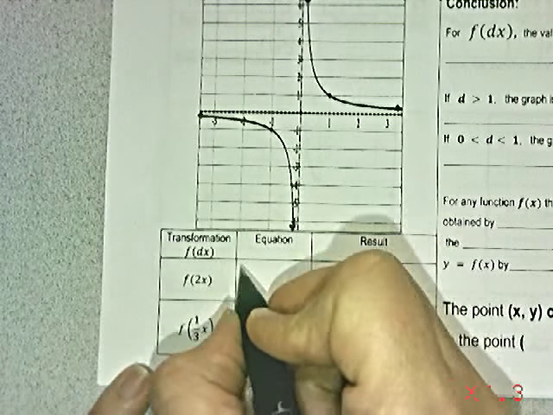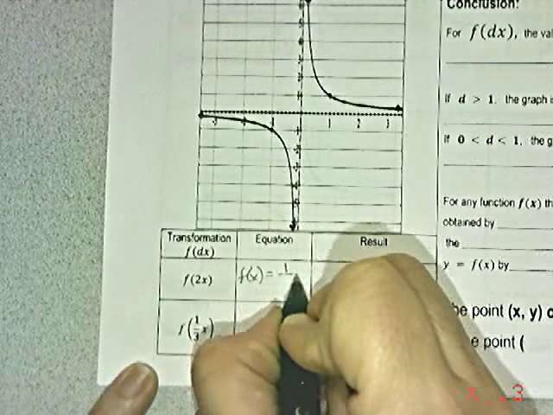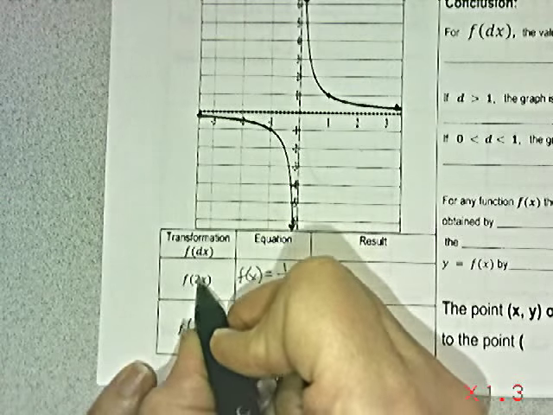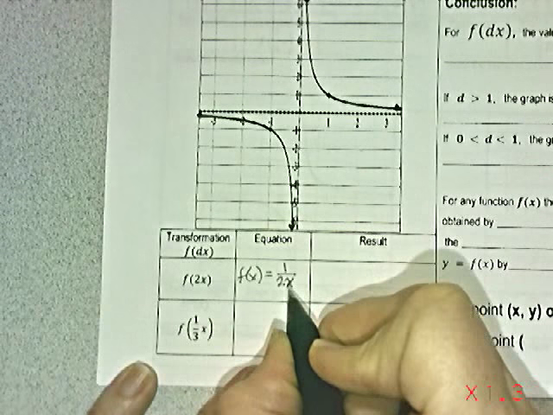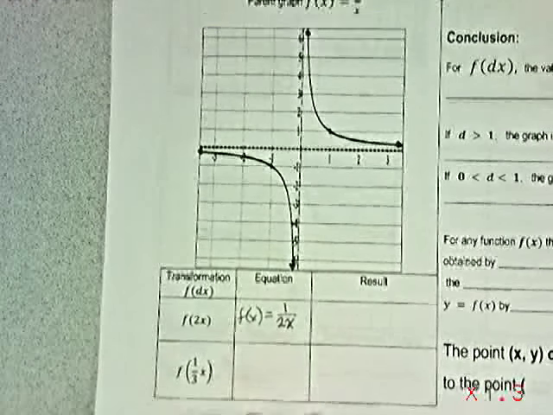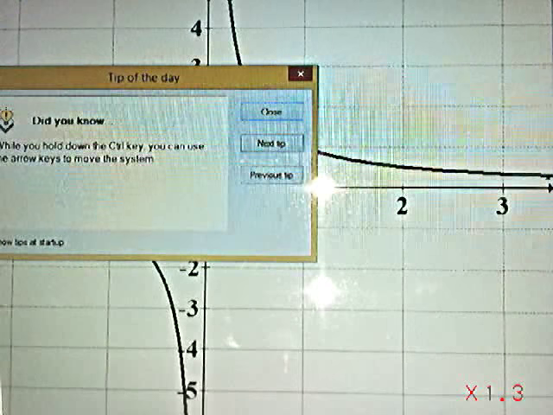Now, what does that look like? Well, if we pick our function as 1 over x, then putting a 2 inside my function, inside with x, would mean that I'm putting it inside the denominator, along with x. Excuse me. And so let's take a peek here at our rational function.